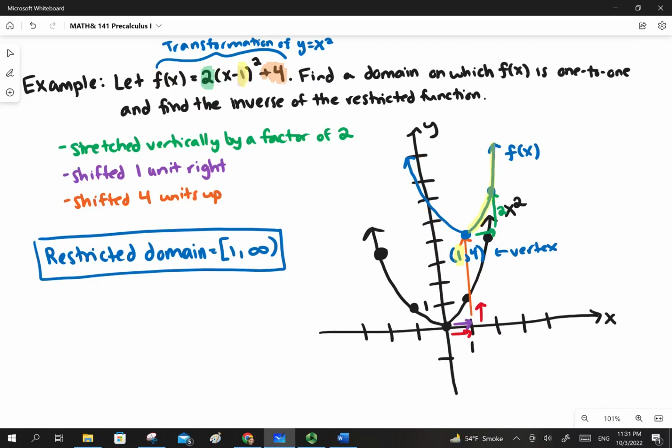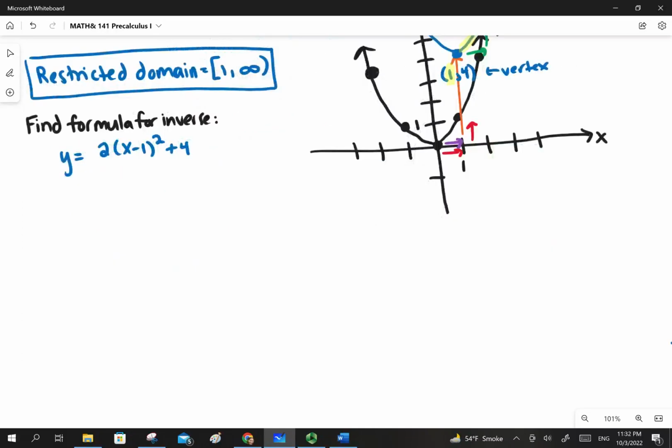Once we have our restricted domain, finding the inverse of the restricted function is just like finding the inverse of any one-to-one function from its formula. We start with y equals 2 times (x minus 1) squared plus 4. Then we switch x and y, and we solve for y.